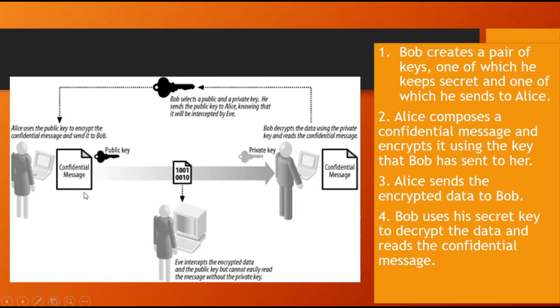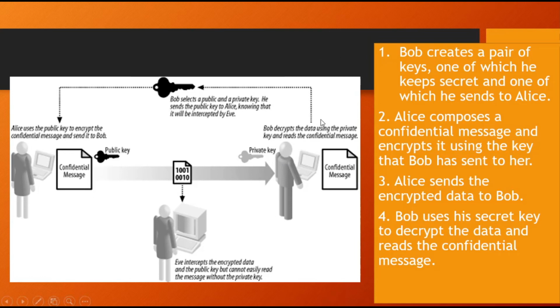Now let's look at a simple diagram to understand this concept. Bob creates a pair of keys, one of which he keeps secret and one which he sends to Alice. Here you have Bob and here you have Alice. Bob will create two keys, one public, which is an encryption key, and one private, which is confidential for Bob.